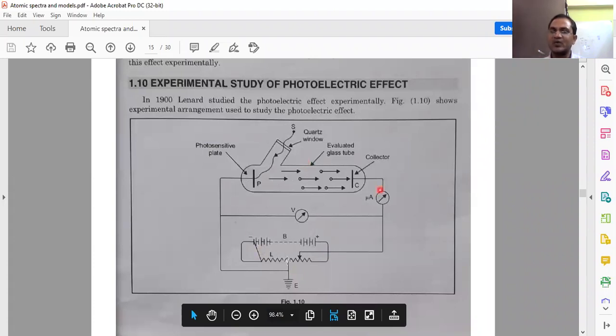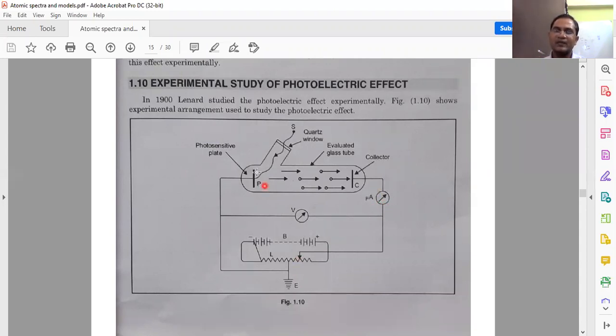This current is called photocurrent, and we can measure it with the microammeter. Whatever potential difference we apply between the cathode and collector can be measured by the voltmeter. Have you followed the description of this diagram? Clear? Yes, sir.